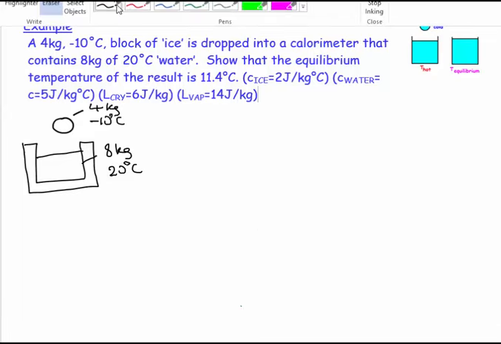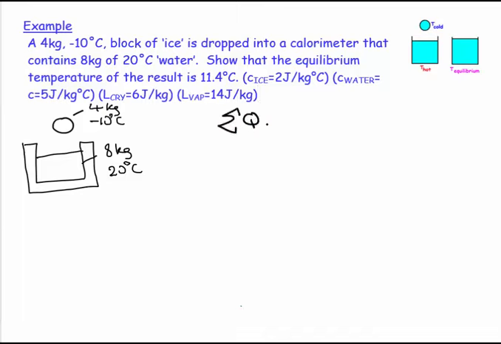And so what I'm going to say is that the sum of the Q's equals 0, so Q gain plus Q lost equals 0. And for the Q gained, I have the heating of the ice. So we have the mass of the ice times specific heat of ice times the temperature change for the ice.